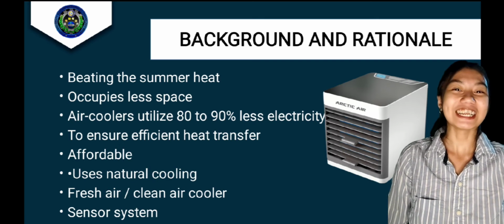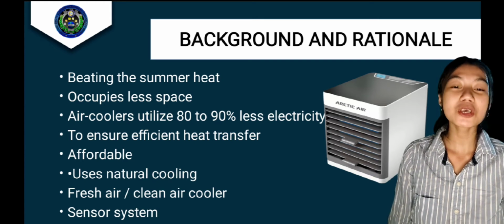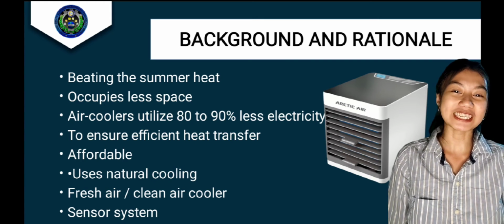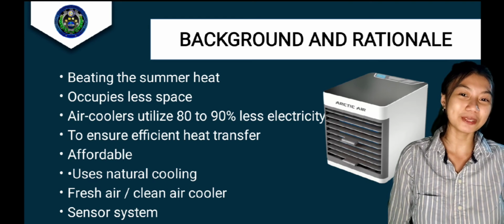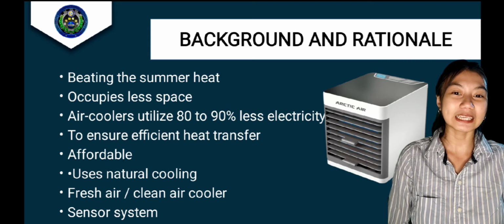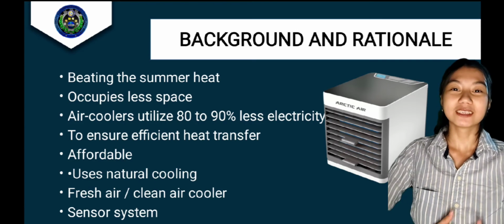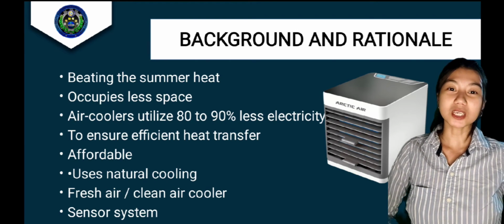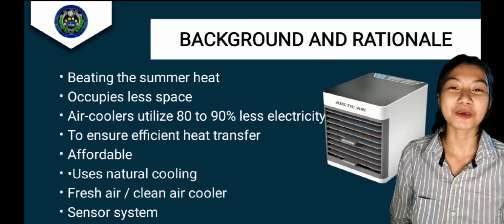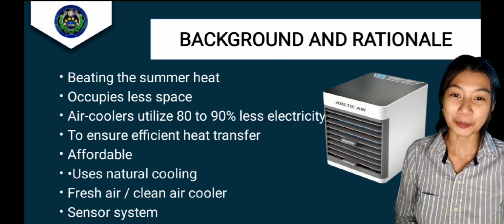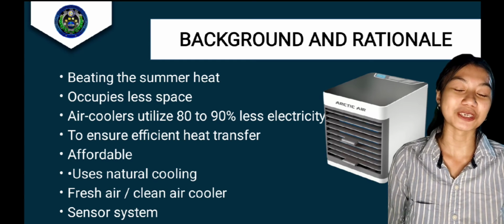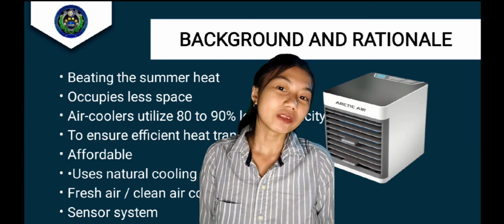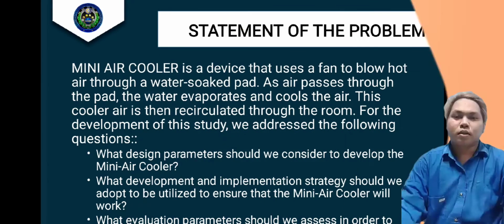Fresh air or clean air cooler: when the clean air feature is activated, the purifier pulls impurities such as pollen from the air. It literally cleans the air. And last, sensor system. It has signal processing hardware, with the processing either in or on the same package as the sensor itself, or discrete. That's all of the background and rationale.